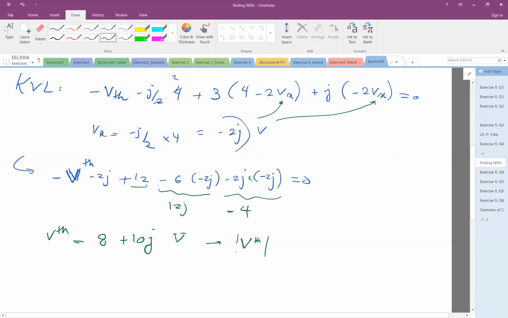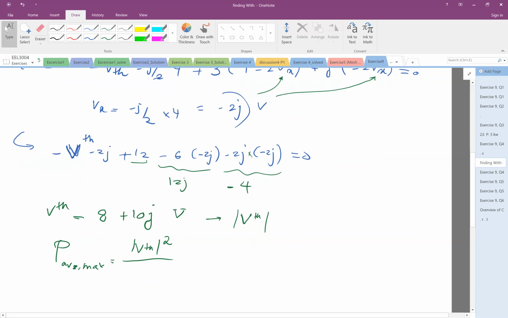For the formula for the maximum average power, remember, the average power max is the magnitude of V Thevenin squared divided by 4 R Thevenin, but here remember this is RMS.